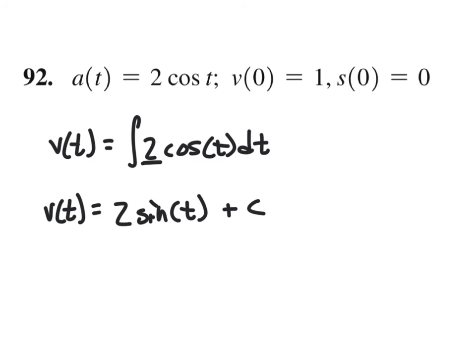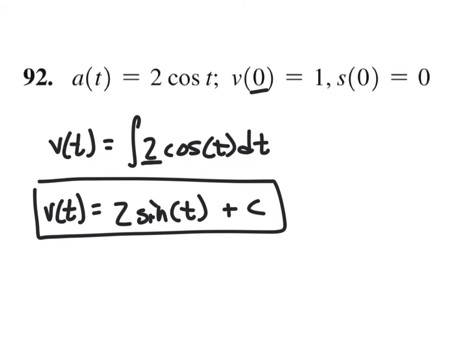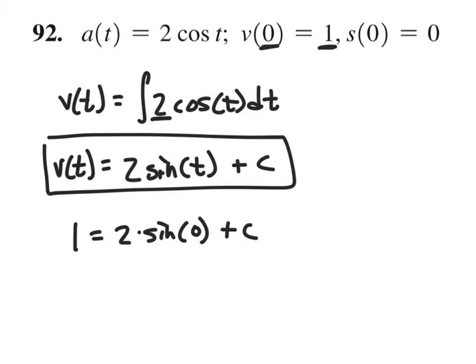So this is my general solution. If I plug in 0 for t, I get a velocity of 1. So I'm going to go ahead and do 1 is equal to 2 times sine of 0 plus c. As a result, sine of 0 is just 0. The y value in my angle measure is 0.